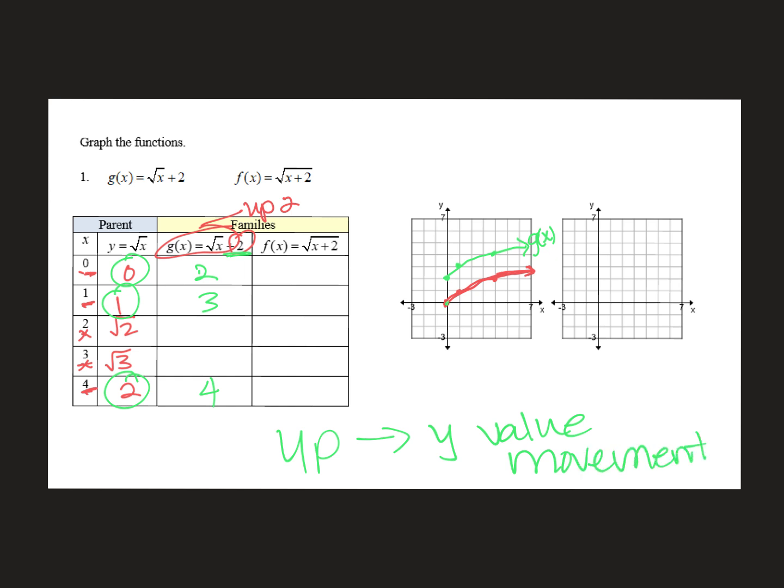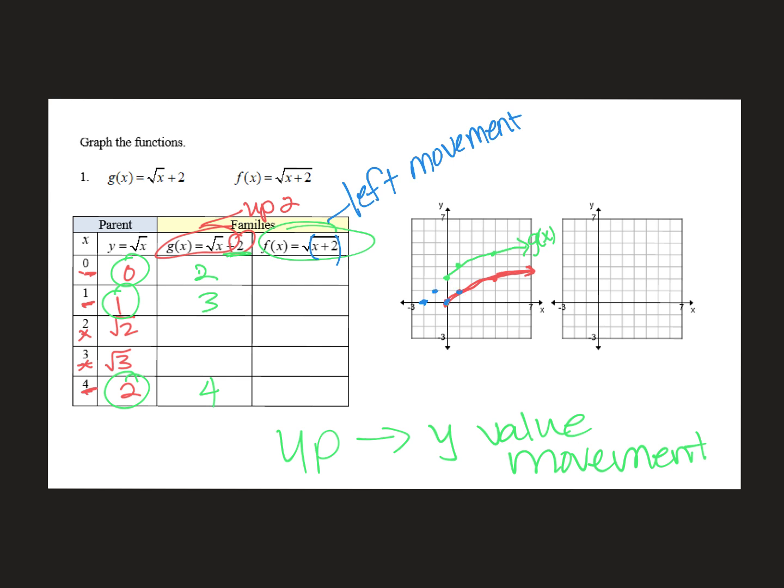Okay? Now, compare that to this one. This one actually is going to be a left movement because it is x plus 2 inside the square root. That means the point that's at 0, 0 goes left 2. The point that's at 1, 1 goes left 2.